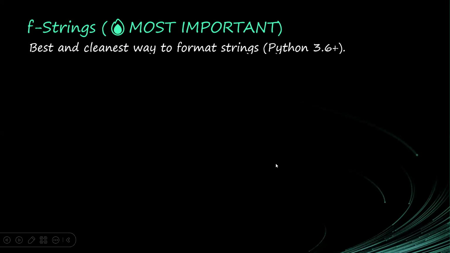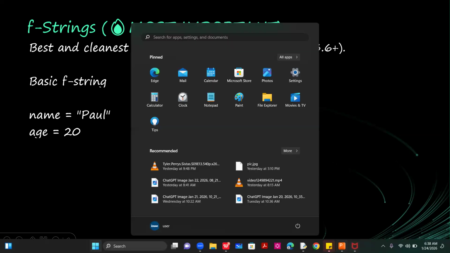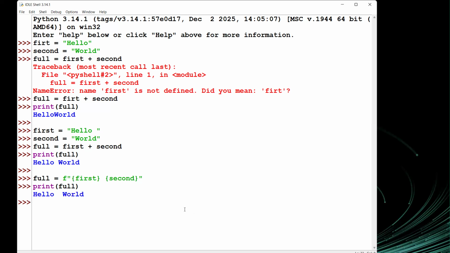So with the F string, you can concatenate anything, not only strings. So if I have name is equal to James, and then I have age equal to 78.